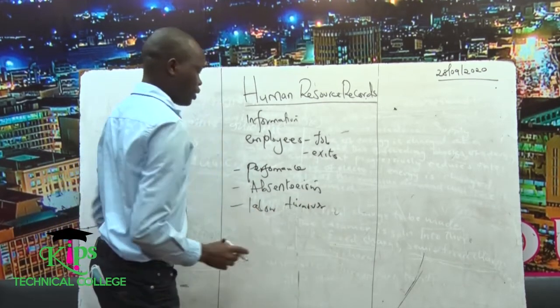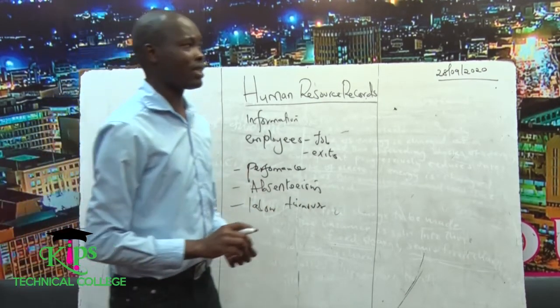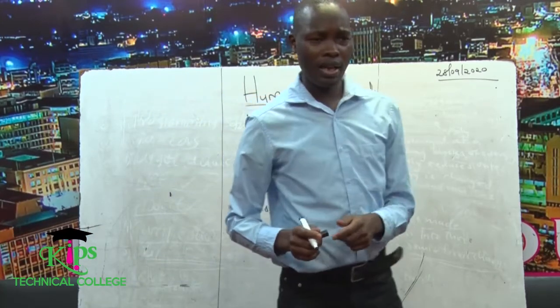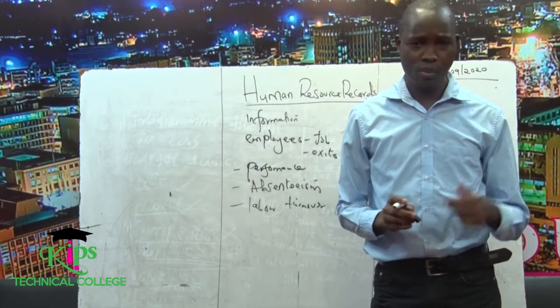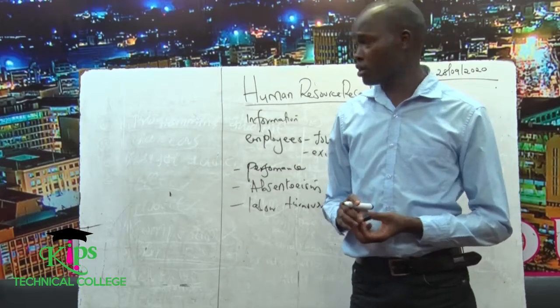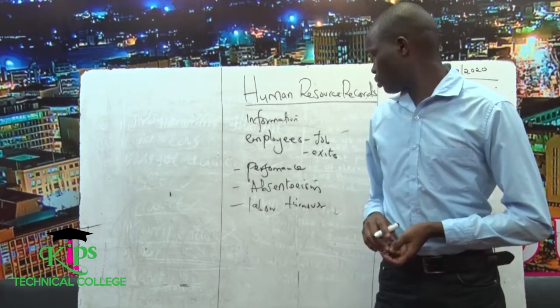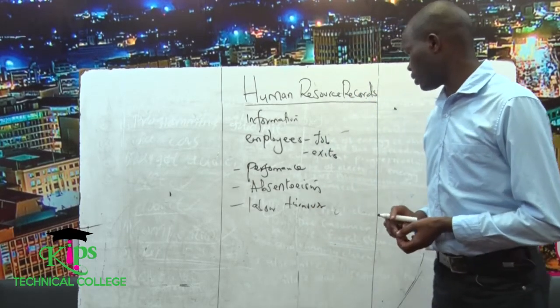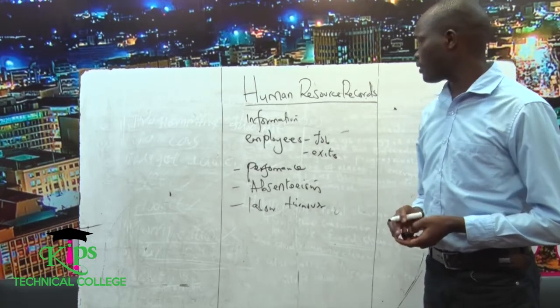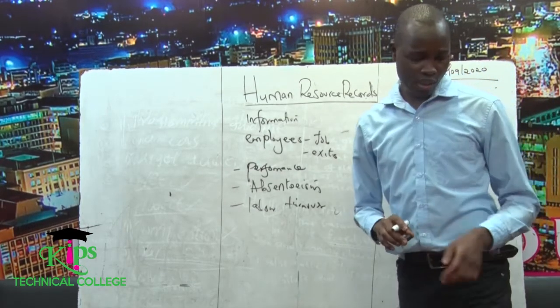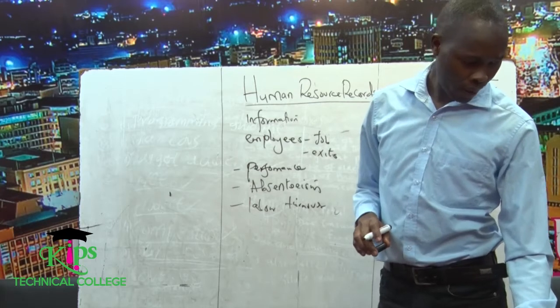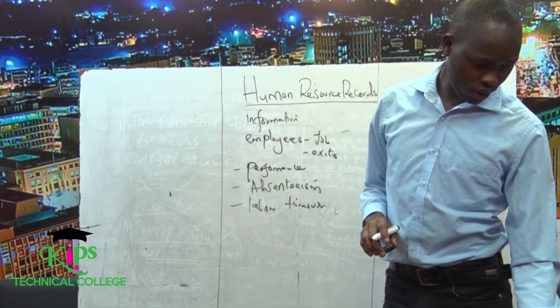and many more. So it is always very important that in any office pertaining to employees in an organization, you ask for the records to show exactly what is going on. Because if you don't have these records, in most cases you are not going to make right decisions.